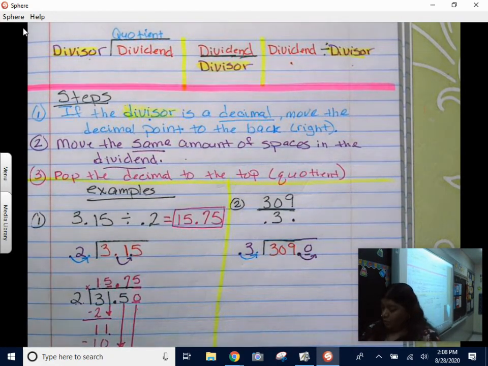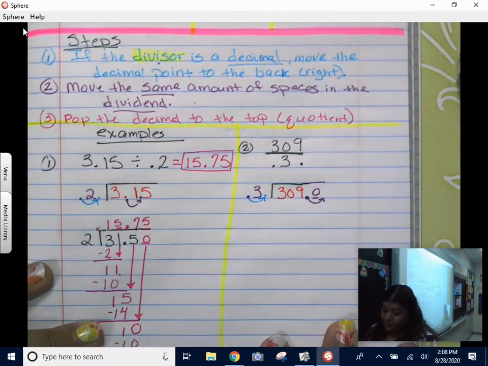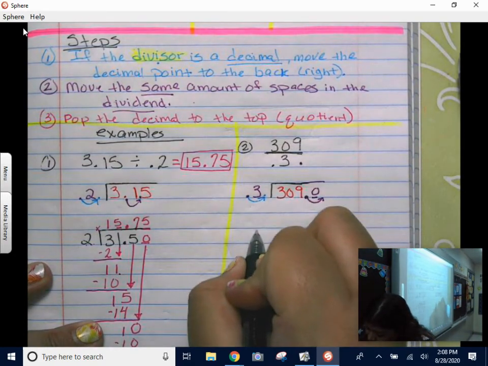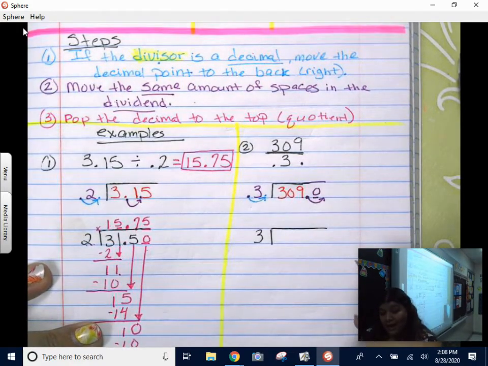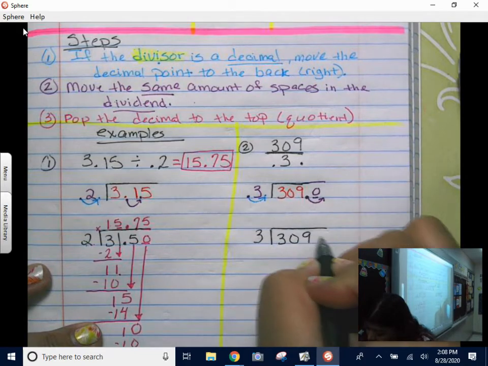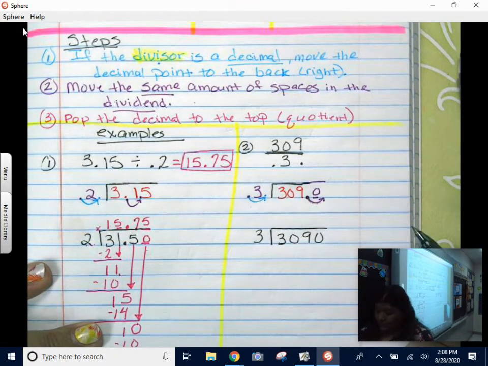So now, what are we dividing? Let's rewrite it to make it look nice and pretty, okay? I'm dividing, I changed 3/10 into a 3. And I changed 309 into 3,090 because remember, we moved this to the back, okay?